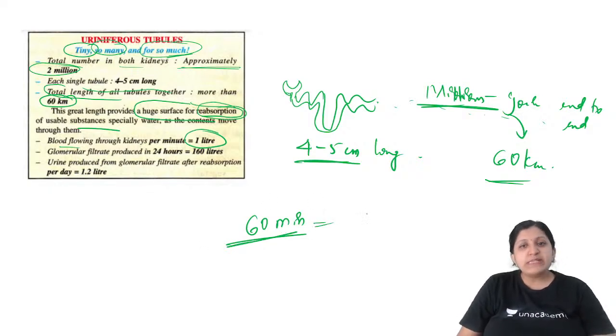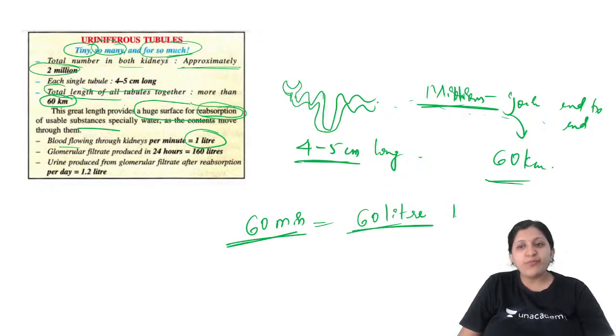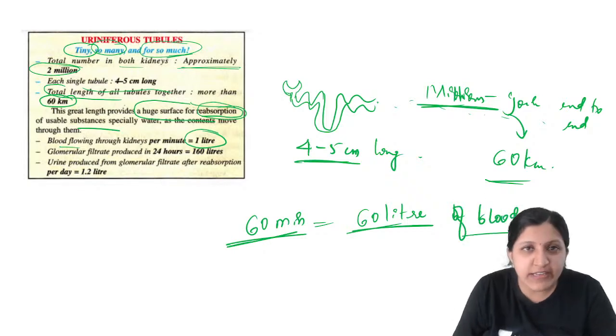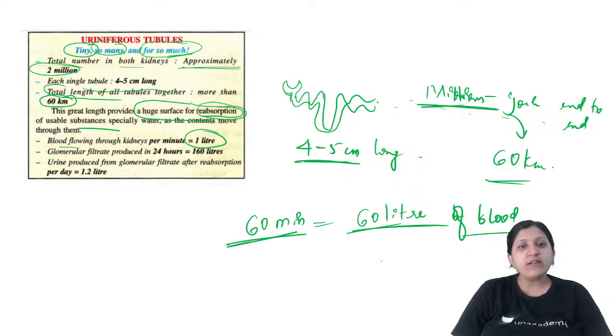So 60 liters of blood is flowing through the kidney, your kidney and my kidney. So while I'm sitting here for 60 minutes, 60 liters of blood is getting filtered.